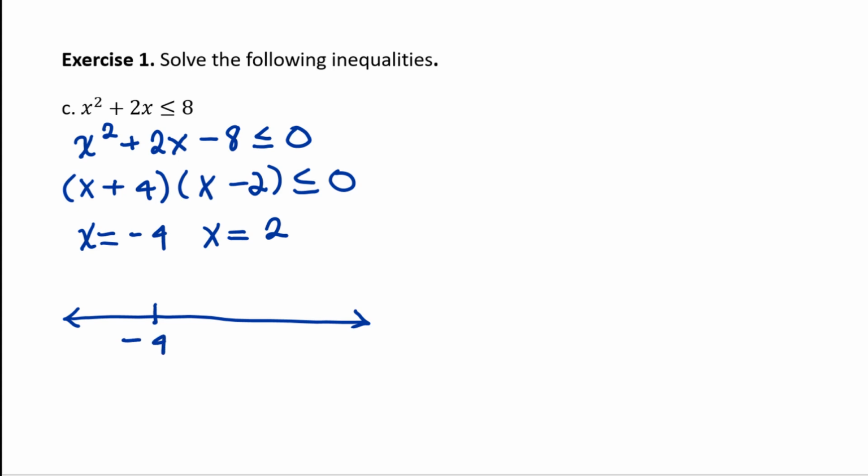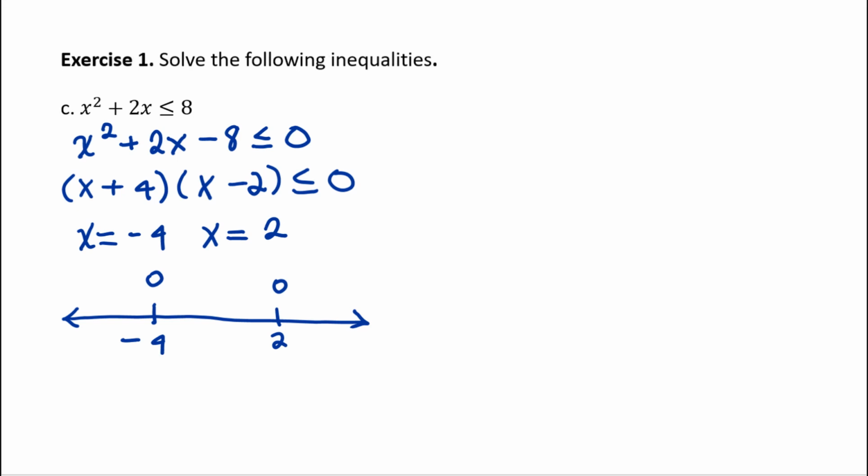At negative 4, the expression equals 0, and again at 2, the expression equals 0. We're going to use this fact to create a product of number lines to determine the sign of this entire expression. The sign tells us whether or not the expression is less than 0 or greater than 0.